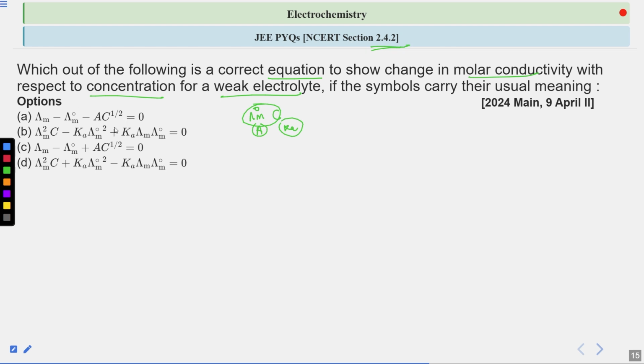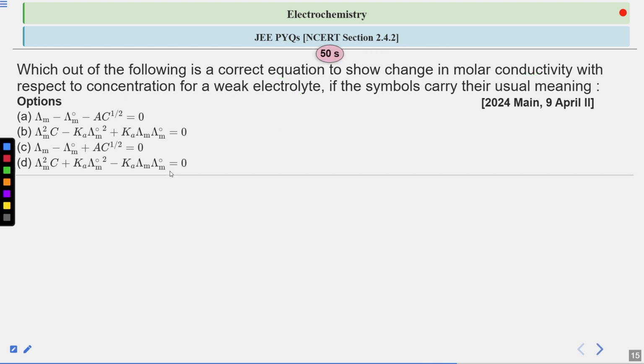The four options given are: lambda m minus lambda m naught minus A under root C equals 0; lambda m square C minus Ka lambda m naught square plus Ka lambda m naught equals 0; lambda m minus lambda m naught plus A under root C equals 0; or lambda m square C plus Ka lambda m naught square minus Ka lambda m naught equals 0.